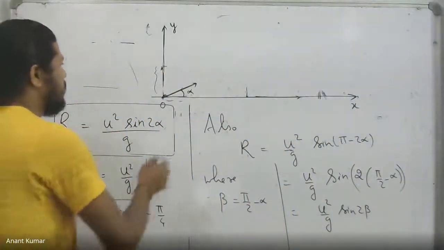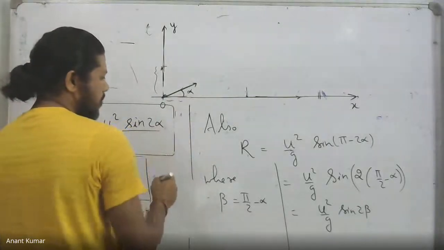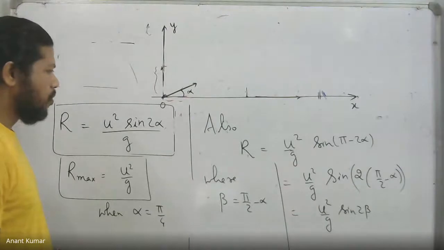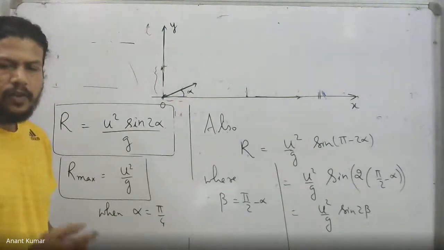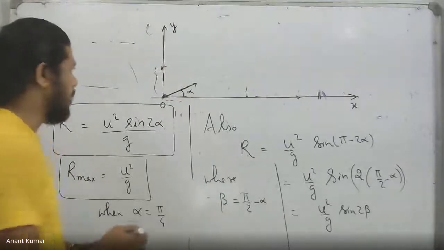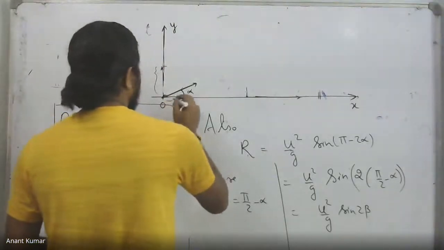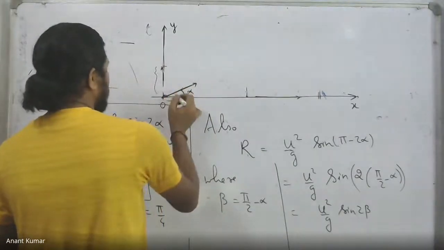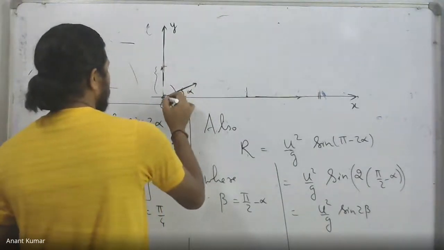In this case, I was saying that for an angle alpha, the conclusion is that for two angles, alpha and the corresponding complementary angle 90 minus alpha, the ranges are equal actually. So we have one of the projectiles at angle alpha, the other one at 90 minus alpha, which will be this big, for example.